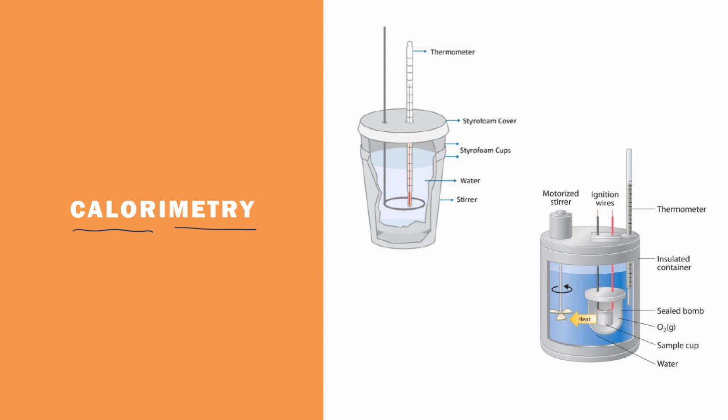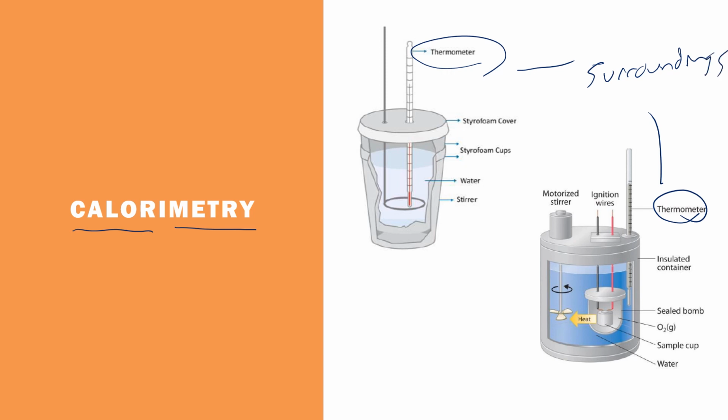Now, whenever you're doing this, you want to remember that the thermometer is measuring the surroundings. It's not measuring the system itself. So if the thermometer is picking up an increase in temperature, that means that the system is losing heat, and that heat's going to the surroundings, which is read by the thermometer.